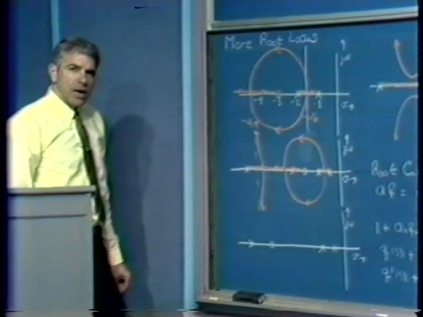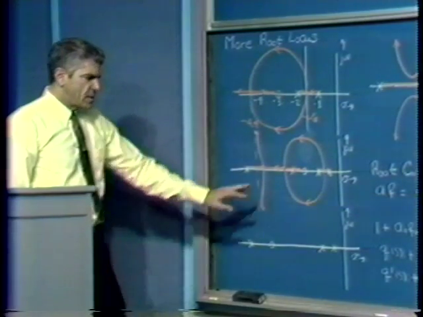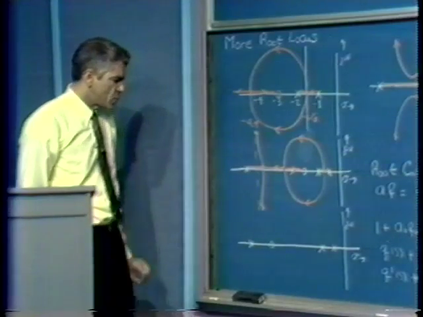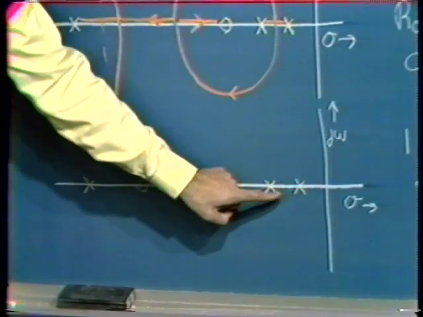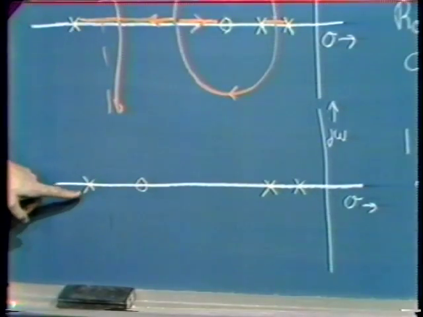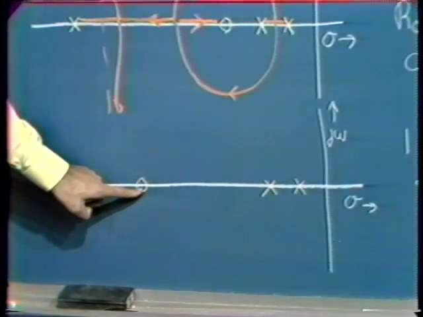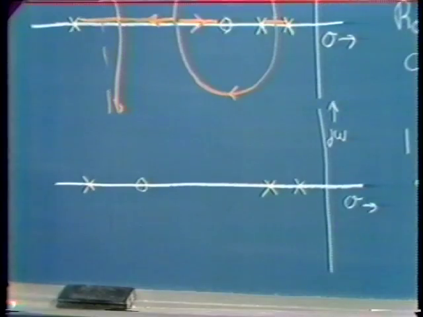There's another topology that's of interest, or another loop transmission that's of interest, that has the same basic form as this one. Once again, we start with two poles relatively near the axis and a third pole further out in the axis. We then also have a zero. This time we locate the zero relatively further out. And we'd expect considerably different behavior.